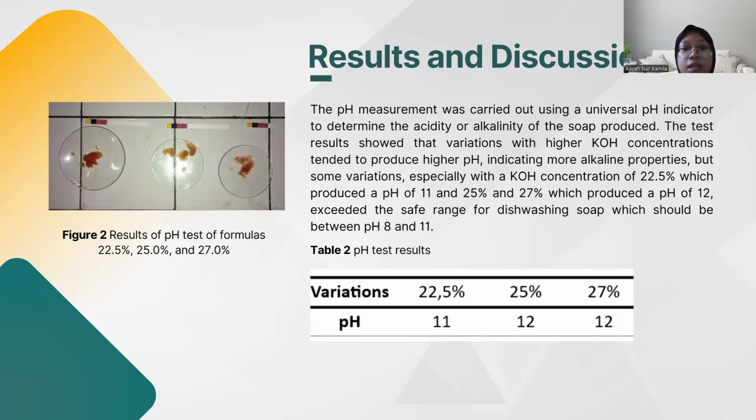The results show that variations with higher concentration of potassium hydroxide tend to produce higher pH, indicating more alkaline properties, but some variations, especially with 22.5% potassium hydroxide concentration yielding pH 11 and 25% and 27% yielding pH 12, exceeded the safe range for this soap, which should be between pH 8 and 11.